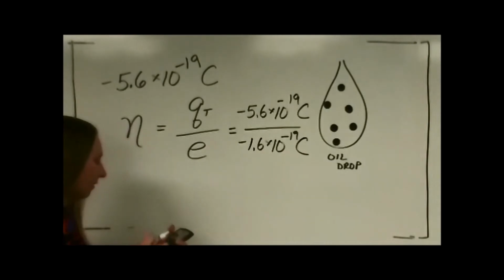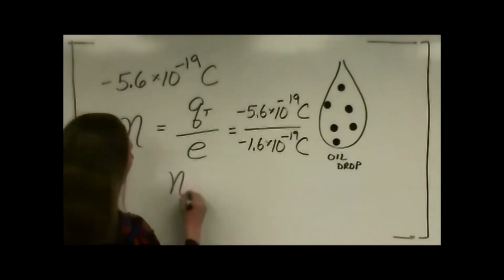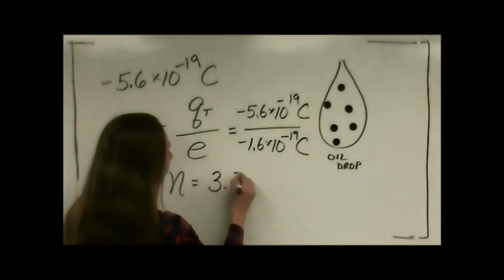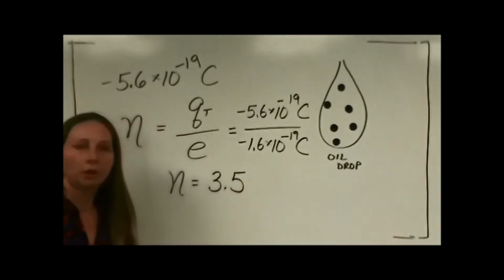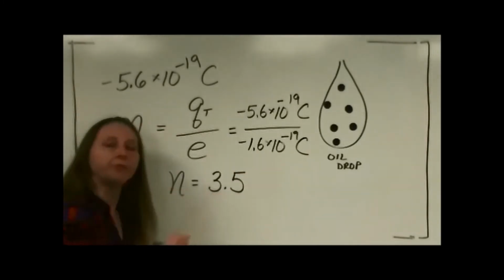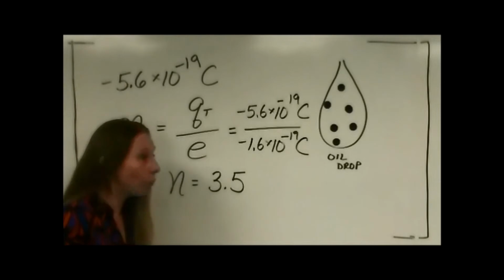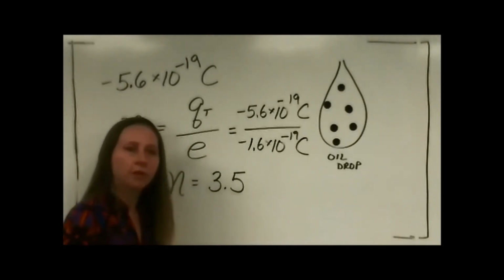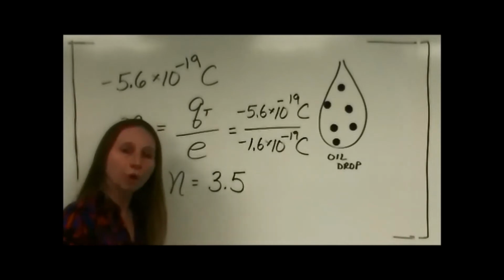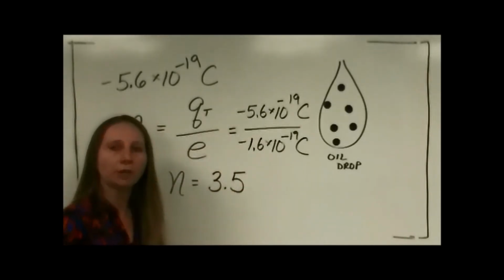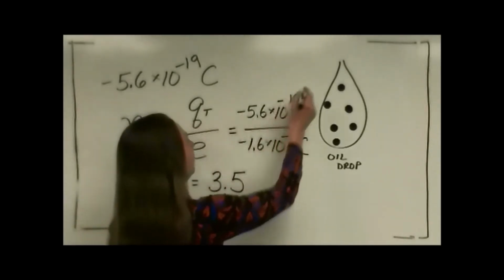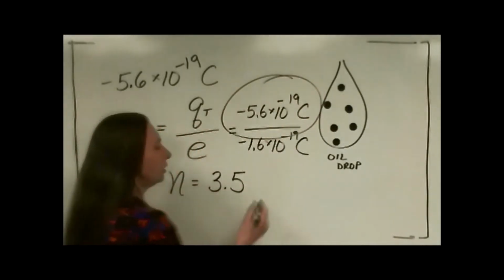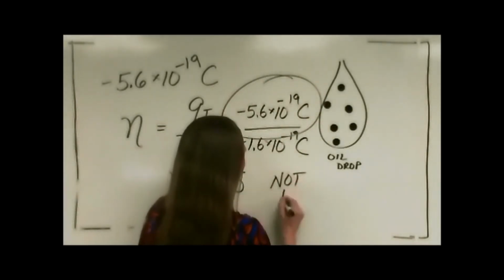Do that math, and you get N equals 3.5. Well, can you have 3.5 electrons? No, you can't. You can't have any fraction of an electron or a proton when you talk about electrostatics. So this total charge is just not possible.